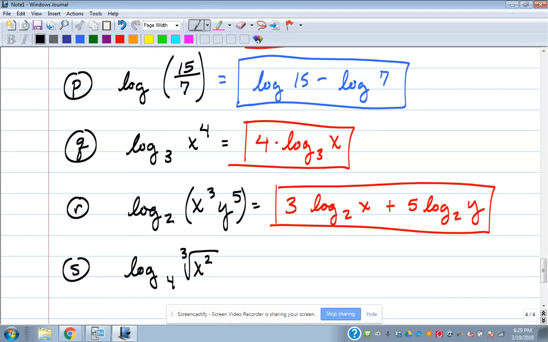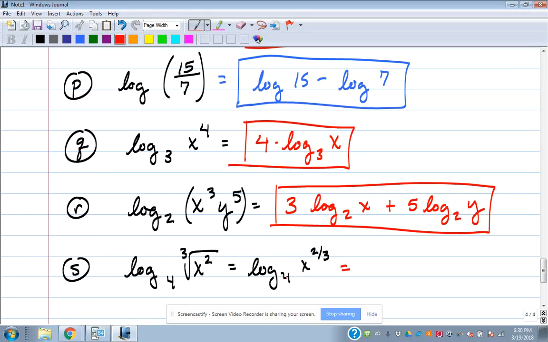Log base 4 of the cube root of x squared. These are a little bit more difficult because the cube root in there makes it tough. But can I rewrite a cube root as an exponent? So this would be, what was that, Paul? 2/3. X squared inside. So the index is a 3. So log base 4 of x to the 2/3. That makes this problem a lot like the x cubed one, right?